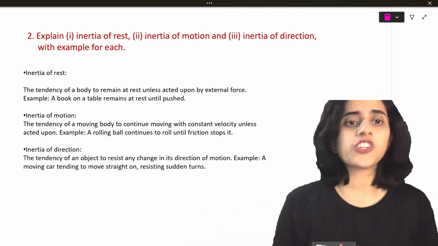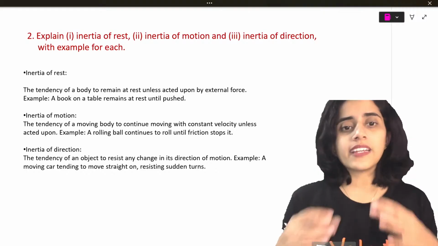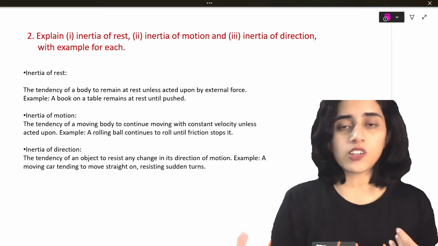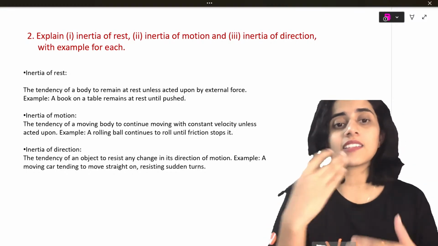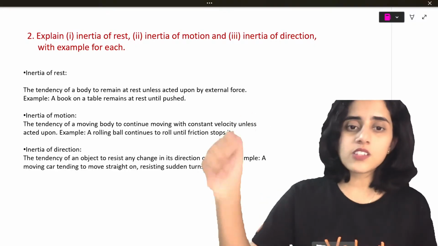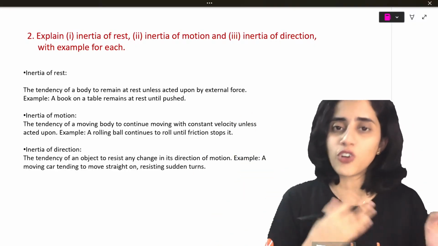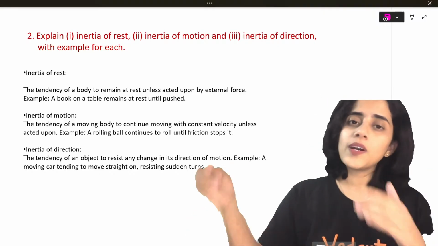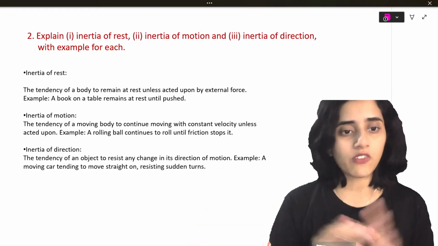Next one, inertia of motion, is the tendency of a body to continue moving with constant velocity unless an external force acts on it. For example, if I roll a ball, this rolling ball will continue to roll forever. What stops the ball? Friction stops the ball. Otherwise, it will continue to roll forever.